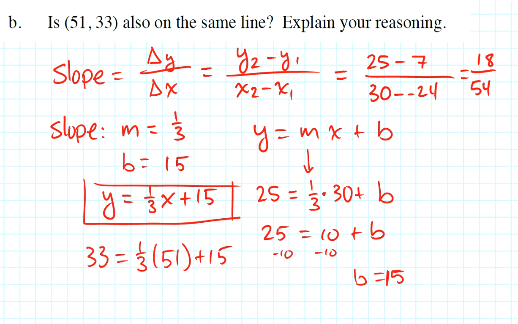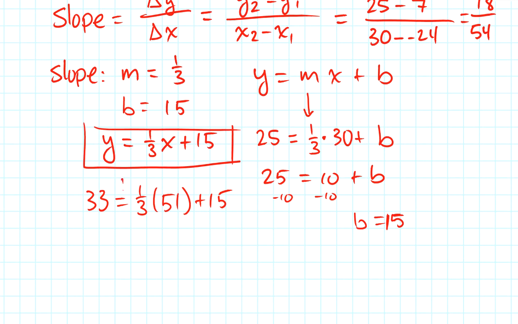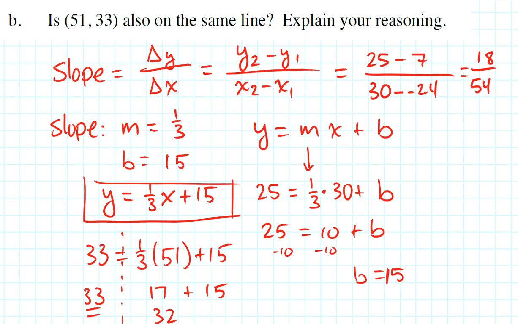So what I've got here is on one side of this equation, I've got the number 33. Over here, I get that this is a 17 plus 15, which is the number 32. Well, as it turns out, these are different numbers. So when I plugged in the x and y from this other point, this point that they asked me to test, x was 51 and y was 33.